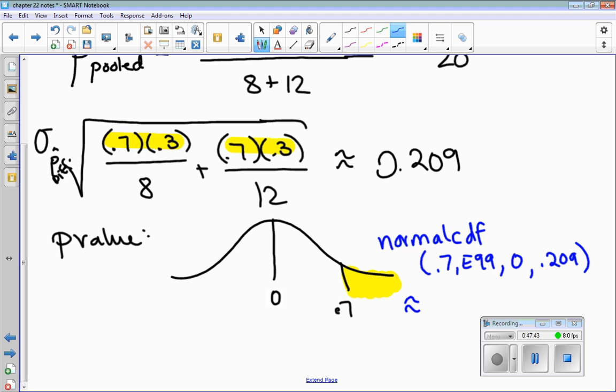P-value is very small. What does that mean?